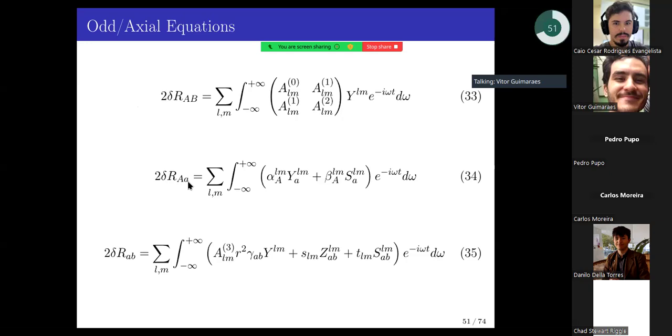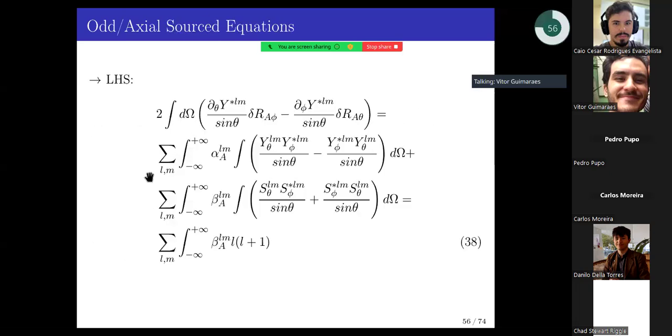Remember that this is composed: if we set this equal to theta, we're going to have alpha capital A multiplying y theta plus beta A multiplying s theta. And then we multiply this by the partial derivative. So this multiplication is going to be distributed into this part and this part.